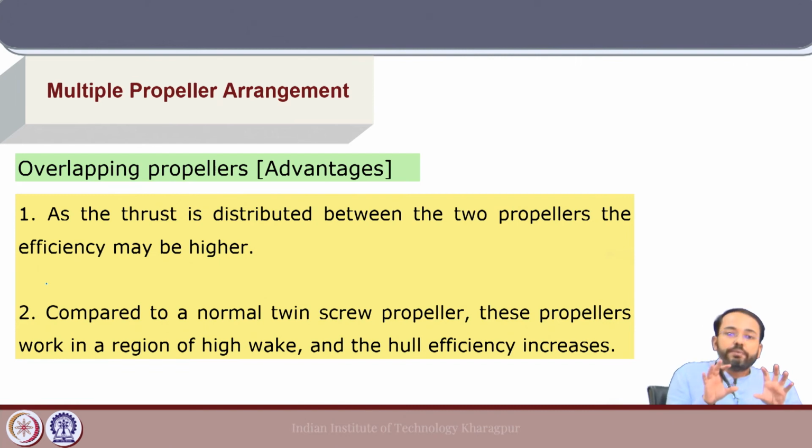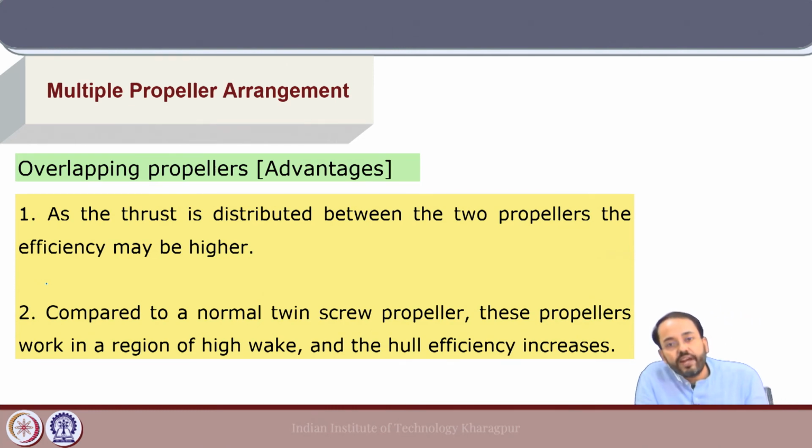Because the overlapping propellers are very close to the center line of the ship, where the wake fraction is high because of the blockage effect due to the presence of the hull, and because of that the hull efficiency will be higher for overlapping propellers as compared to the twin screw propulsion system.